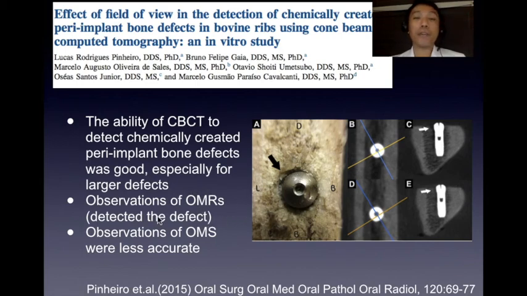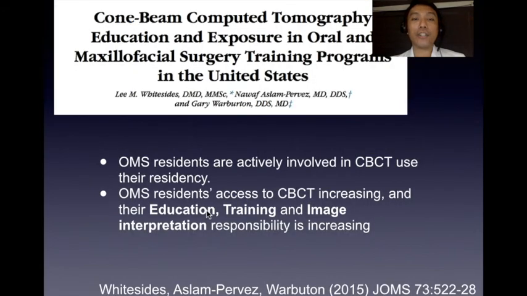We do not have as many oral maxillofacial radiologists, and that's why even in the United States, training of oral maxillofacial surgeons actively involves CBCT interpretation, part of the continuing education, training, and image interpretation, because part of our responsibility increases as we use newer technologies that were invented in order to make things more predictable and a little bit more accurate.